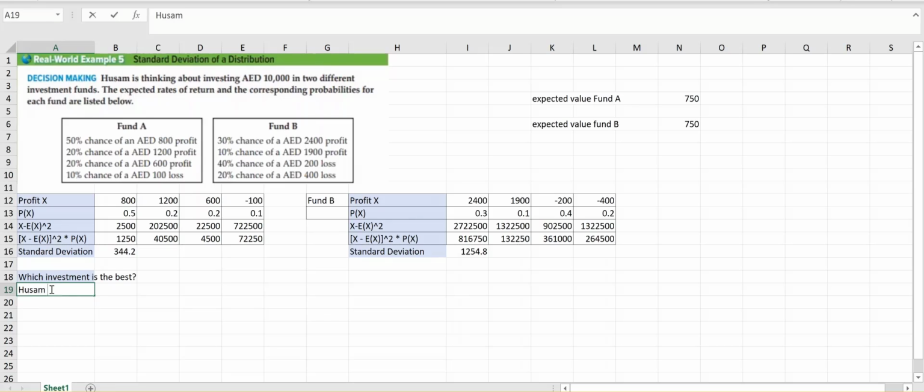So Hussam should choose Fund A, because the standard deviation is lower, so the variability of the fund will be lower.